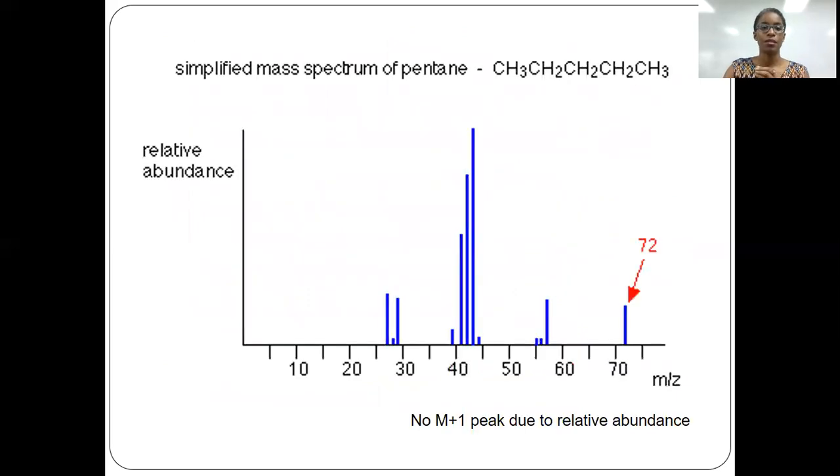And then this is a simplified mass spectrum of pentane, where we see 72 being the mass of your molecular ion, because it is the mass of pentane. This has no visible M+1 peak because of the relative abundance; in this case, it's going to have a very low relative abundance.